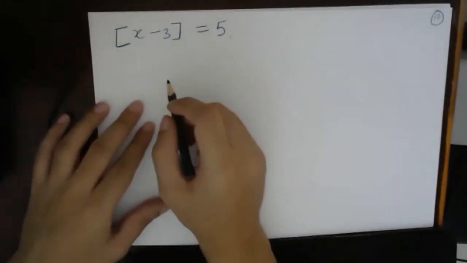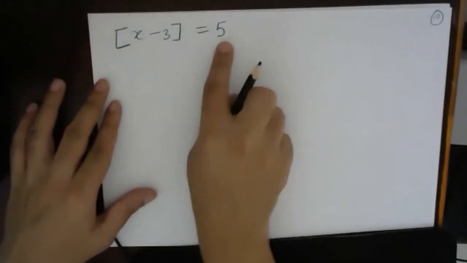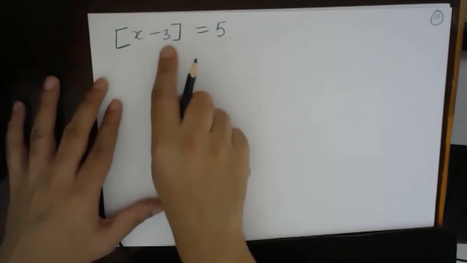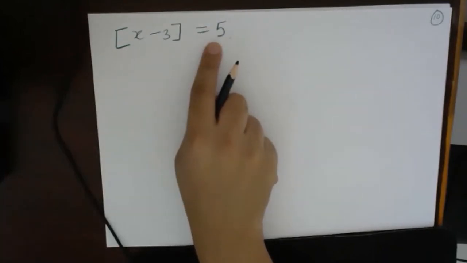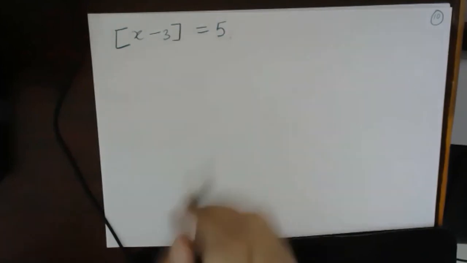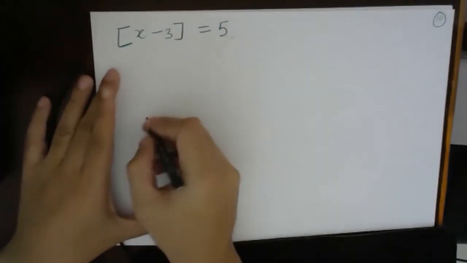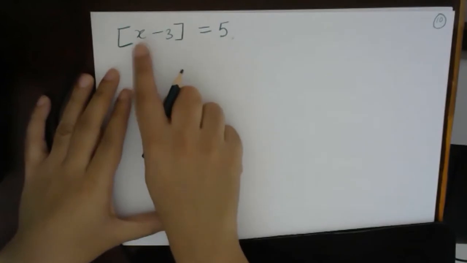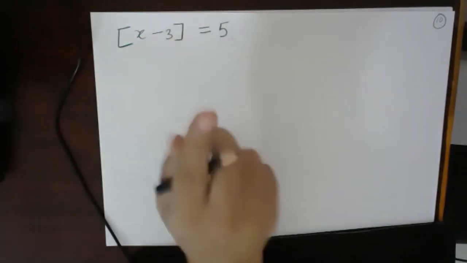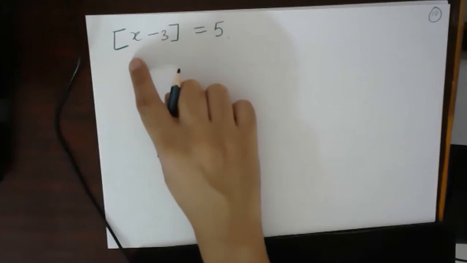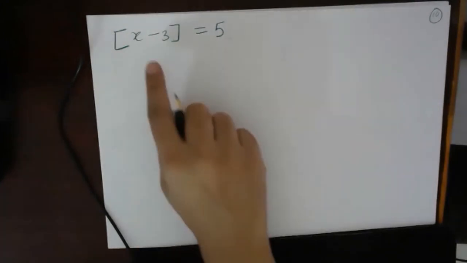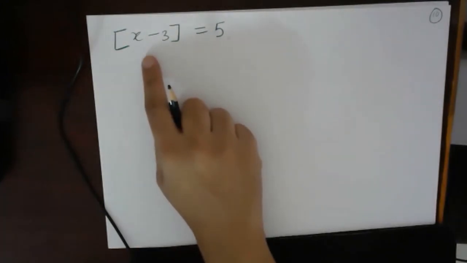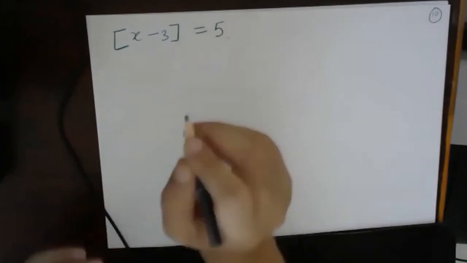Let's see. Basically, this is x minus the greatest integer of x minus 3 should be equal to 5. So the first thing we can do is check without the greatest integer. I will explain, just wait.